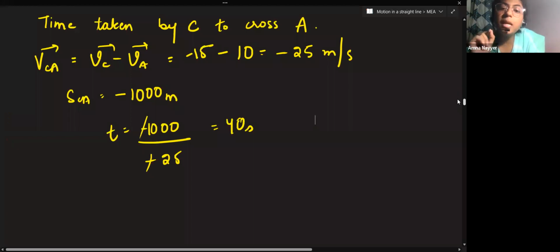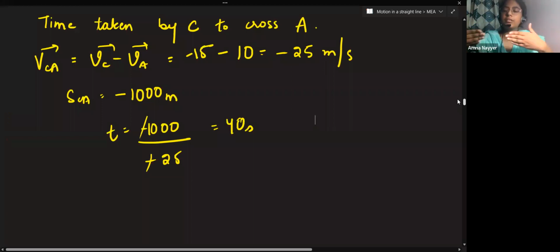So what's the minimum time? If it is a little less than 40 seconds, let's say 39.9 seconds, B will cross and then C will just come, but B would have crossed already. So time taken by B should be less than or almost equal to this much time. Did you get this concept?